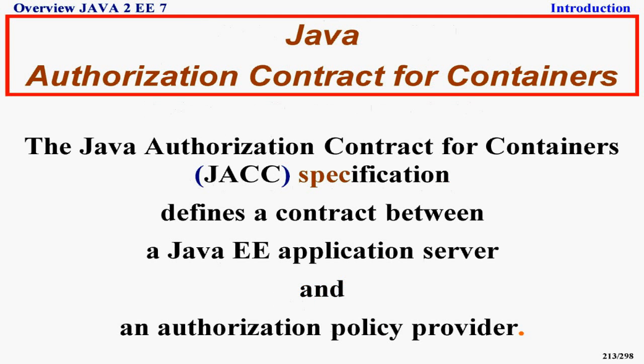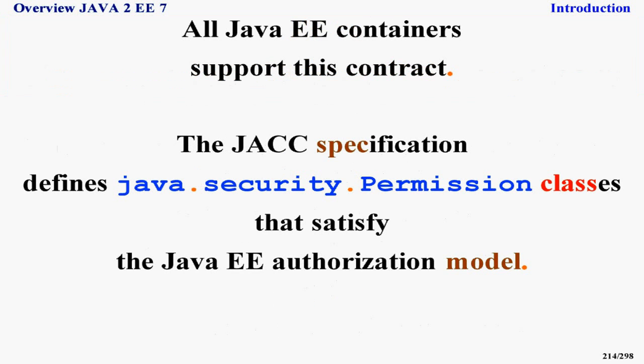Java Authorization Contract for Containers. The Java Authorization Contract for Containers, JACC, specification defines a contract between the Java EE application server and an authorization policy provider. All Java EE containers support this contract. The JACC specification defines Java security permission classes that satisfy the Java EE authorization model.